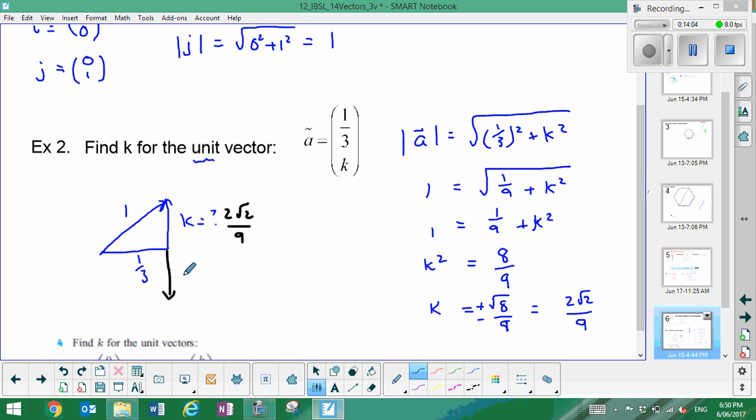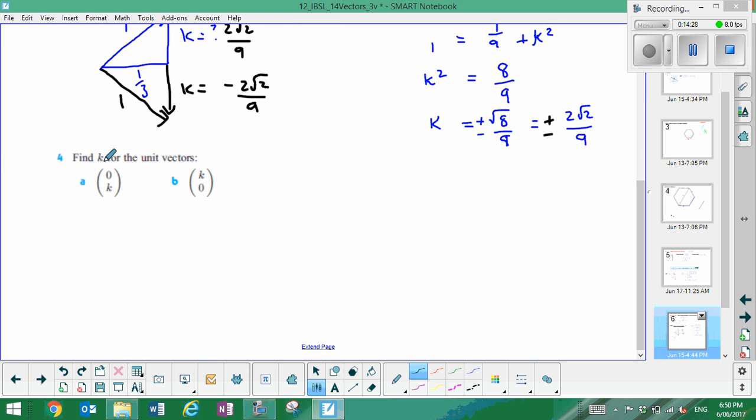Yes, that is just as possible. So k could also equal minus 2√2/3 and still have a unit vector making up that triangle. So either answer is possible for k. Two possible answers there.